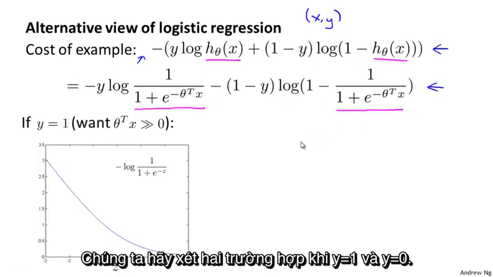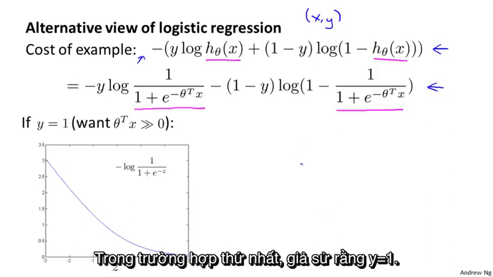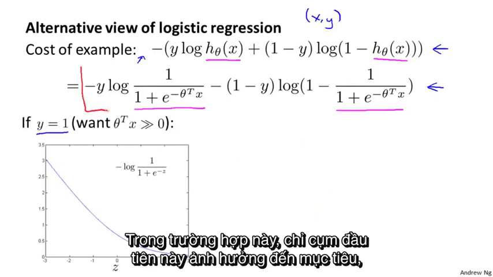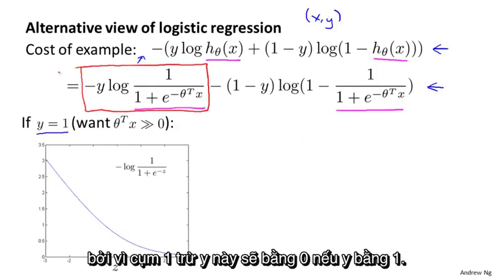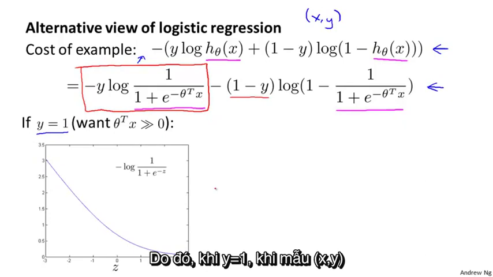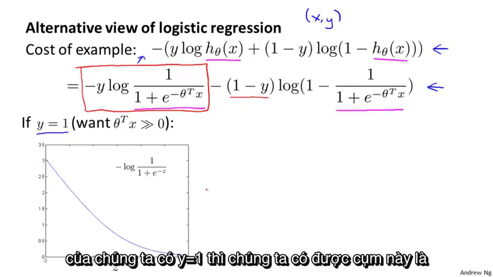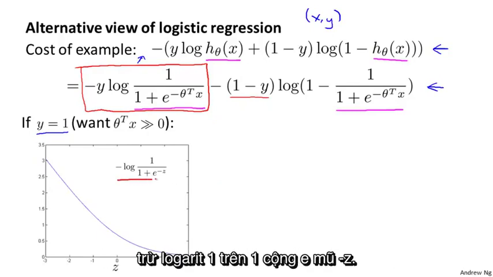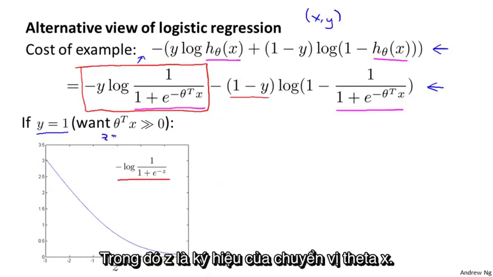Now, let's consider the two cases of when y is equal to 1 and when y is equal to 0. In the first case, let's suppose that y is equal to 1. In that case, only this first term in the objective matters, because this 1 minus y term will be equal to 0 if y is equal to 1. So when y is equal to 1, in our example x comma y, what we get is this term, minus log 1 over 1 plus e to the negative z, where, similar to the last slide, I'm using z to denote theta transpose x.